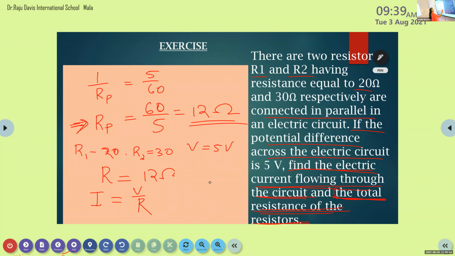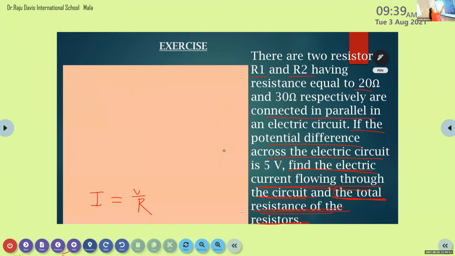The general equation for calculating the current is I is equal to V by R. Here the resistor R1 is equal to 20 ohm and the resistor R2 is equal to 30 ohm. So what is the equation for calculating the current through the first resistor?